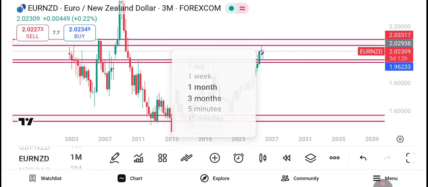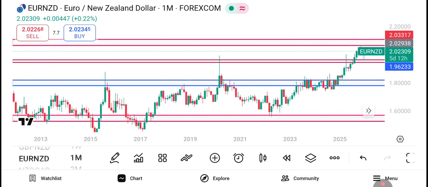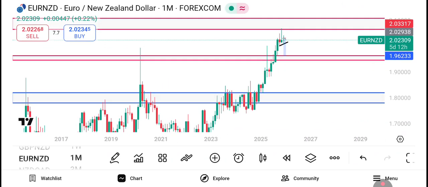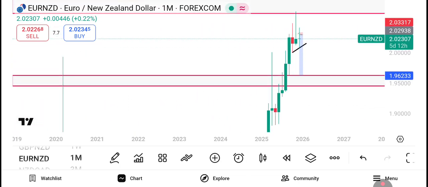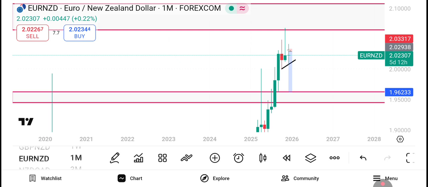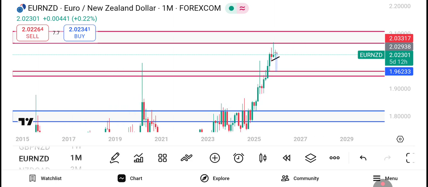So let's go over to 1 hour time frame. We just get the direction of the market. You see in the monthly time frame, you can see the price rejection.